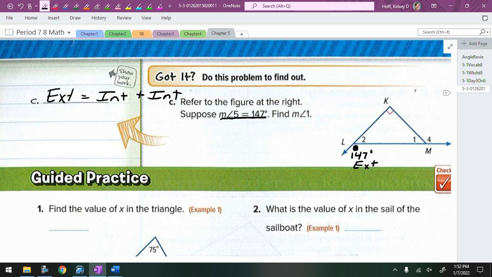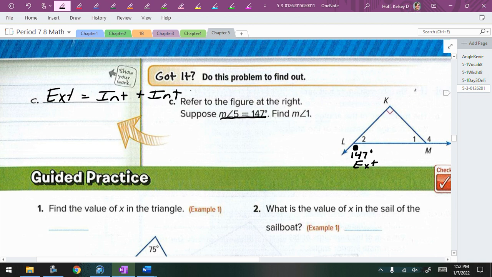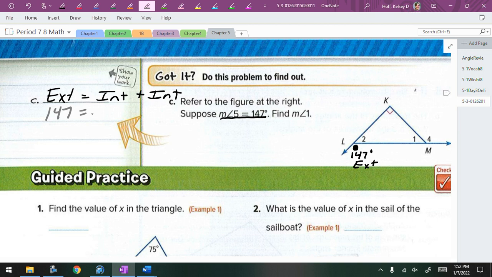You could do the 90 degrees or the 147 minus 90. Ooh, but I want to set it up in my equation format here. I don't have a subtraction sign anywhere. In my diagram, what's my exterior angle? 147. Angle 147 is equal to what two interior angles added together?